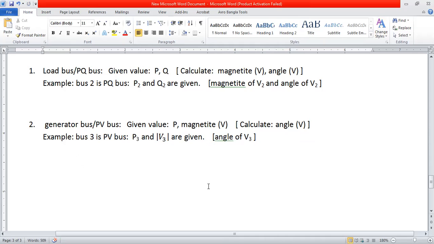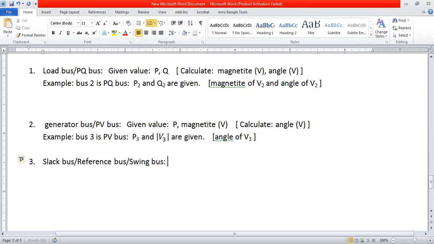And now the last type of bus, that is the slack bus. This is the slack bus, or the reference bus actually, or another name, the swing bus.